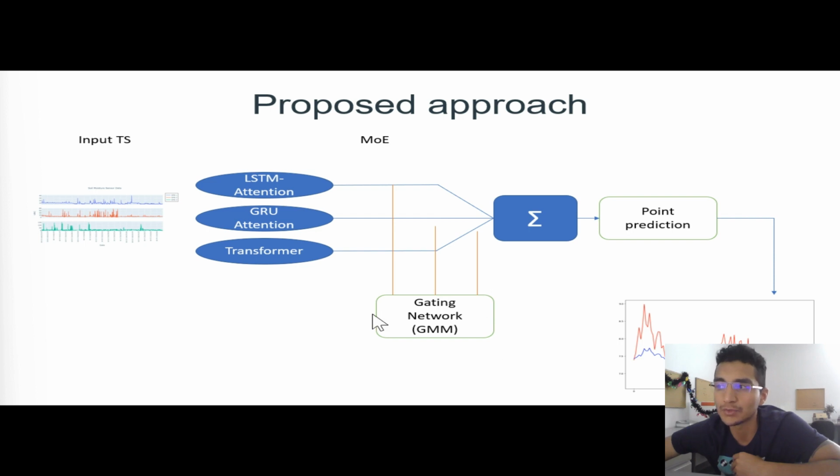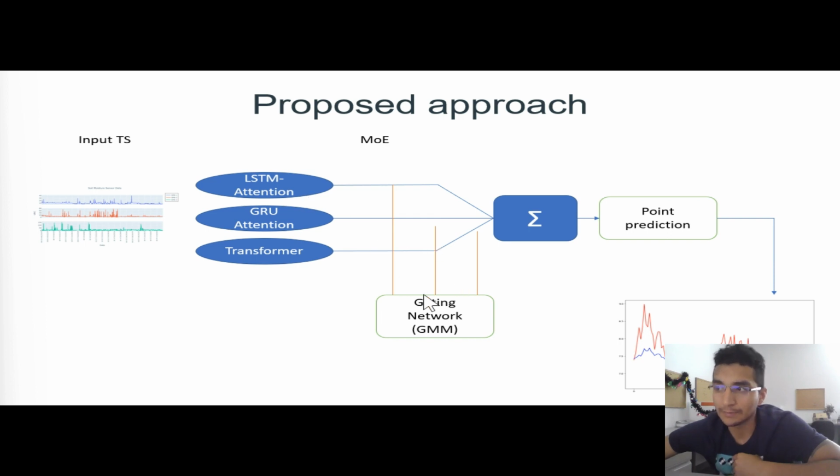In our case, we are using a mixture of Gaussian components for that gating network. This gating network is responsible for determining the weights that are assigned to each expert on the given input. So what it does is compute the probabilities of each expert being the most appropriate one for each of the points that we pass in the input data.